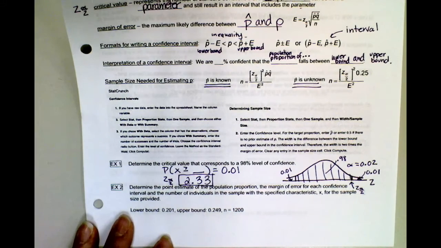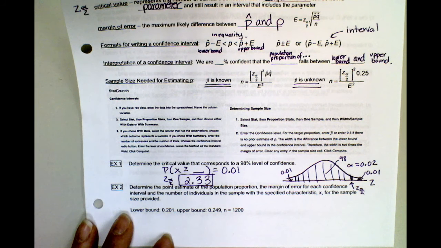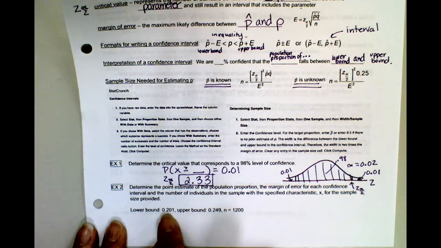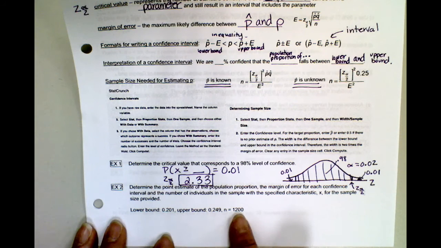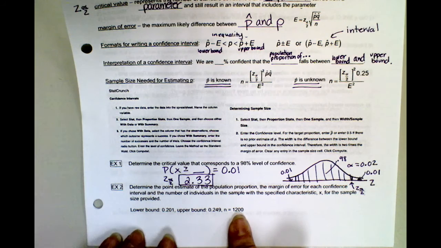All right, example 2: determine the point estimate of the population proportion, the margin of error for each confidence interval, and the number of individuals in the sample with the specified characteristic X for the sample size provided. What they've given us are the lower bound, the upper bound, and the sample size.